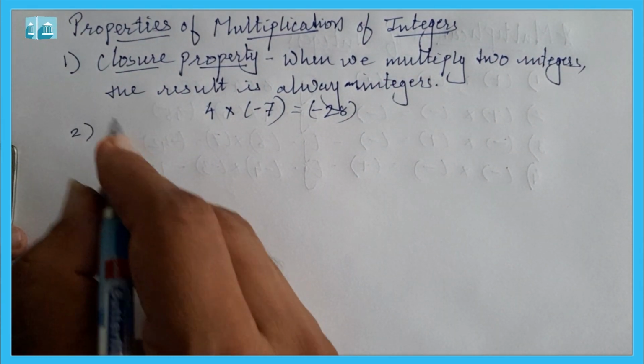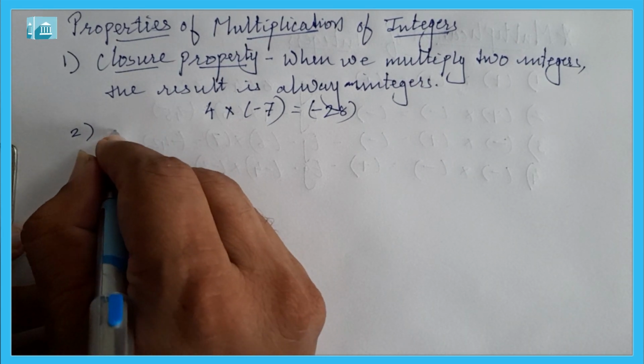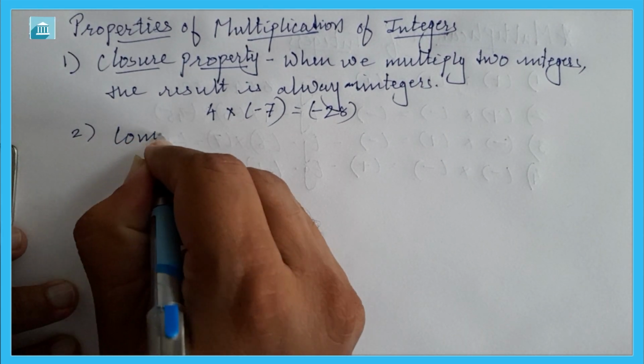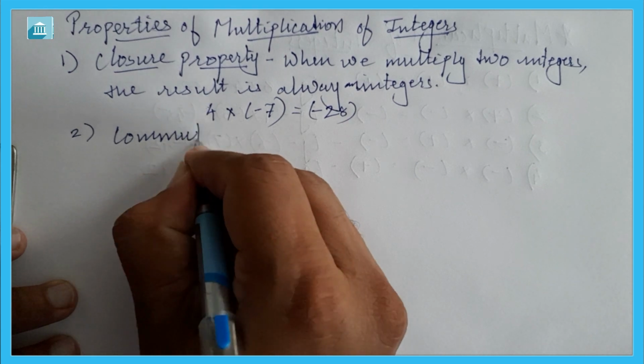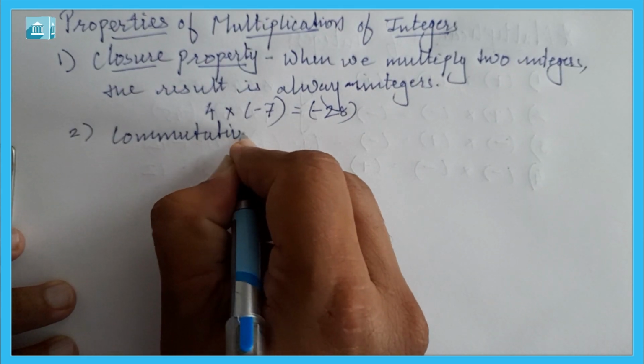Second property is commutative property. The properties are the same here as we had learned in addition.